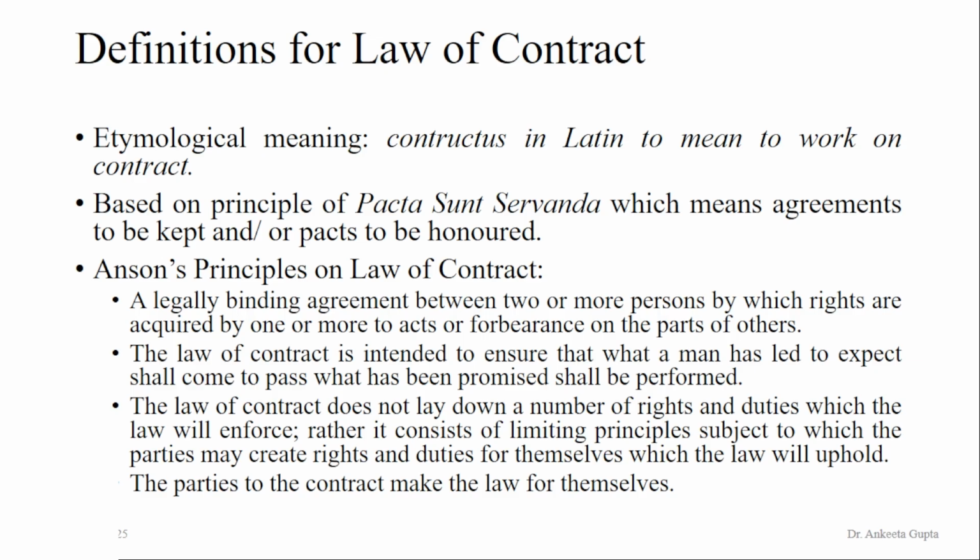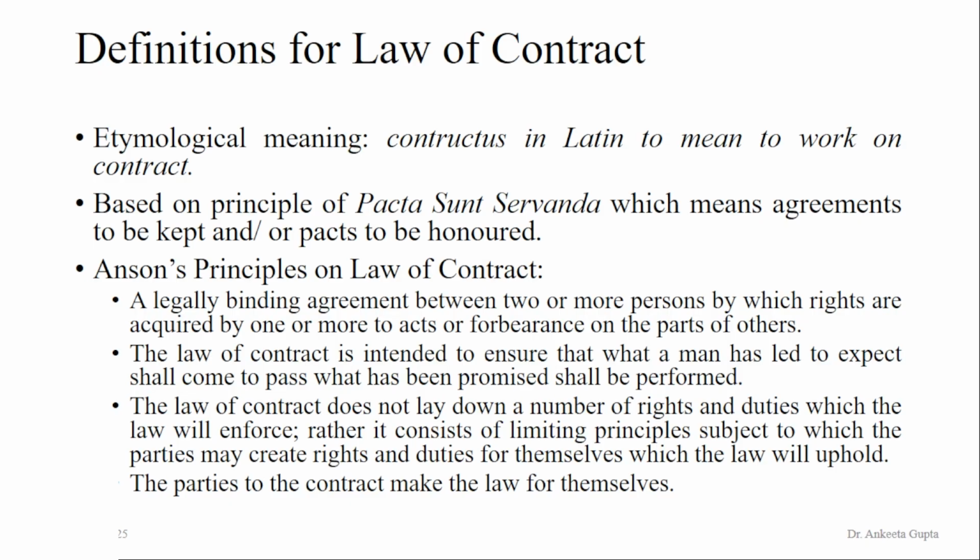The law of contract is intended to ensure that what a man has led to expect shall come to pass, and what has been promised shall be performed. So, even if orally I have given you an indication that I am going to not attack your ship when it enters my water space, I am going to have to abide by it, even if it is not written.